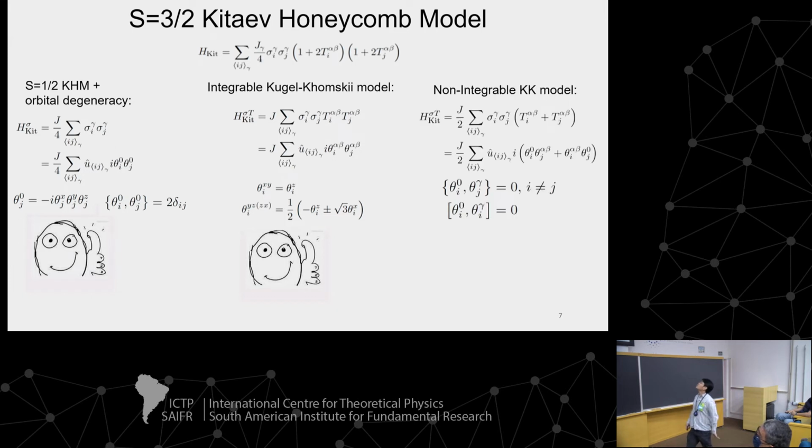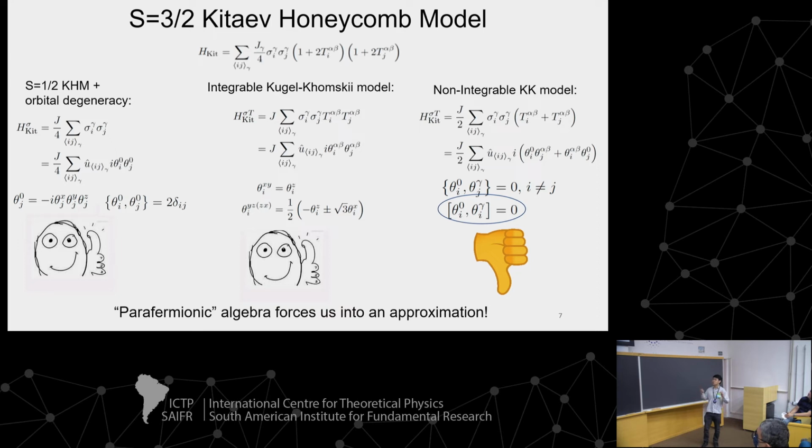Now, this part here shows what the issue is, which is when you have a model that mixes both this theta 0 and the theta x, y, z operators, you find out that there is this strange same-site commutation between theta 0 and theta x, y, z. That is what makes the model not a free fermion model, but something parafermionic-like.